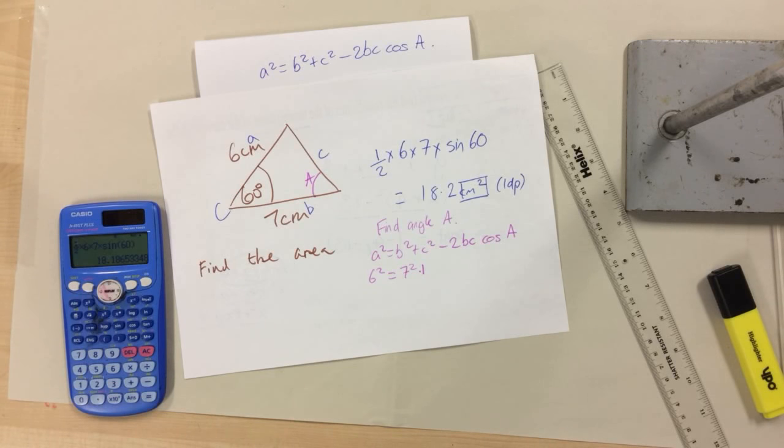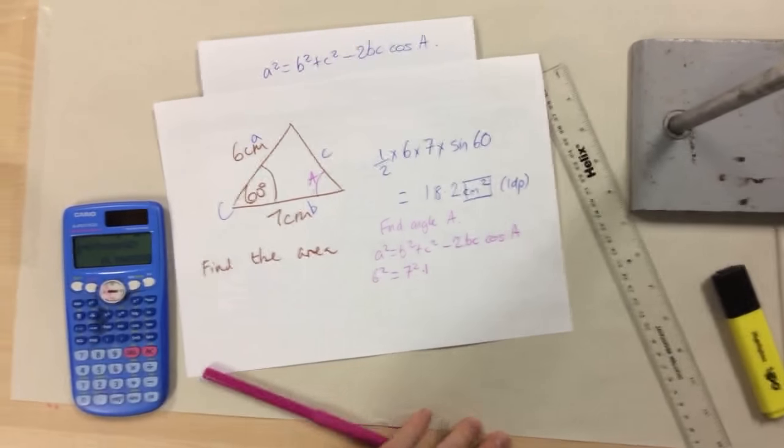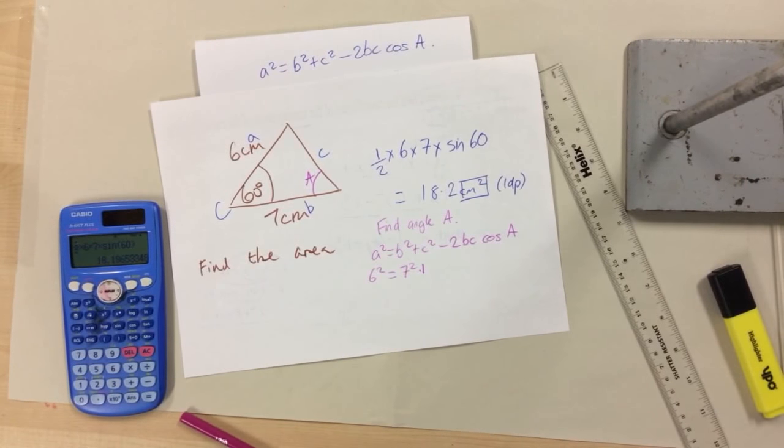But we don't know A though, do we? No, we don't. You'd have to relabel your triangle and call C A, so that then you can use that angle. So it's two steps. Do you want to do it? Go on then. Let's have a go. So we're going to have to relabel, aren't we?